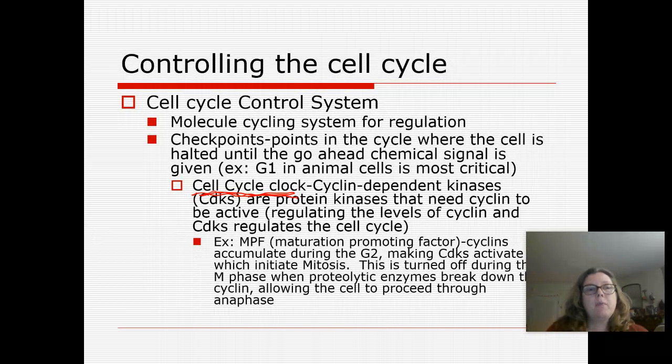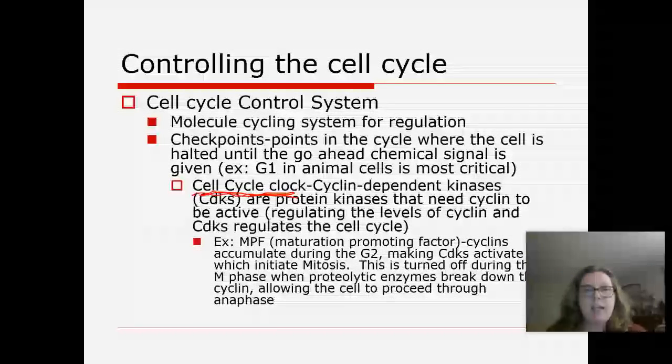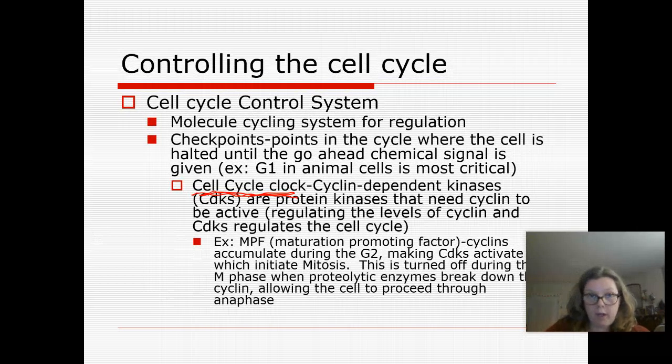So the MPF, the maturation promoting factor, happens when the CDKs accumulate during the G2 and the cyclin molecule attaches to that CDK. It accumulates during the G2 checkpoint, and once you get enough activated CDKs, that tells the cell, okay, we're ready to go.